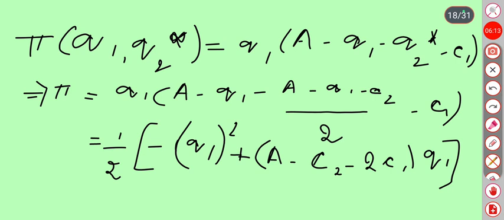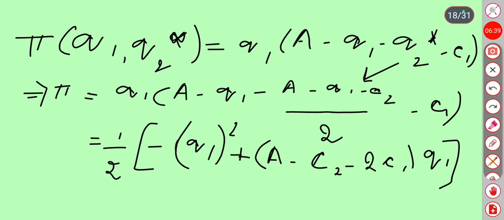Here we put the value of Q2 star, (A minus Q1 minus C2) by 2. So the profit function is Q1 times (A minus Q1 minus (A minus Q1 minus C2) divided by 2) minus C1.